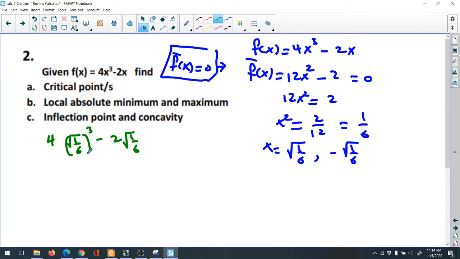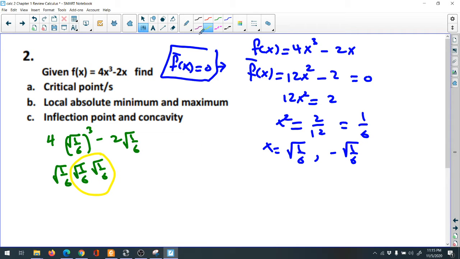Okay. So this one, square root of 1 over 6 times square root of 1 over 6 times square root of 1 over 6. Yeah, let's see here. These together will come up with 1 over 6. No radical, just cancel the radical.